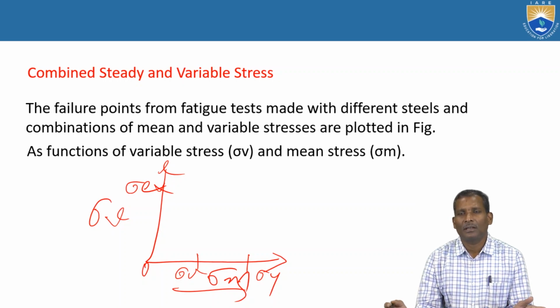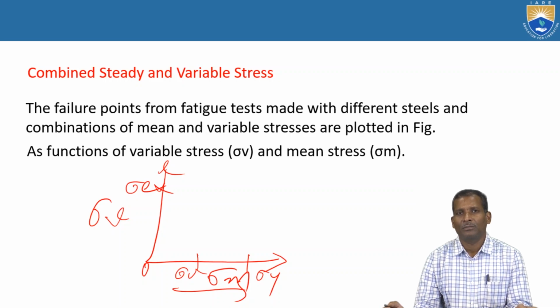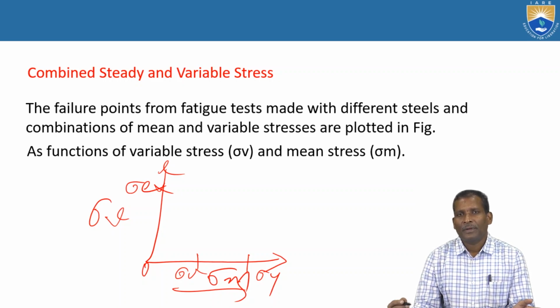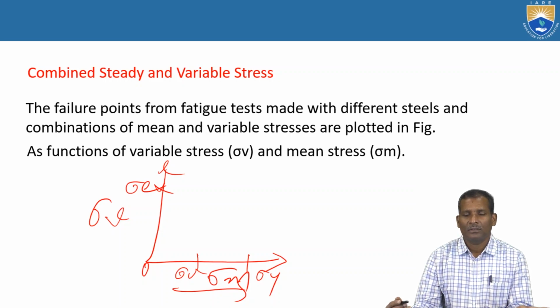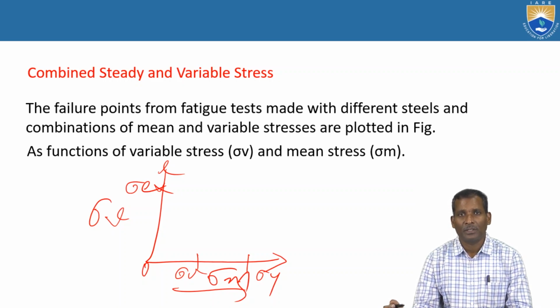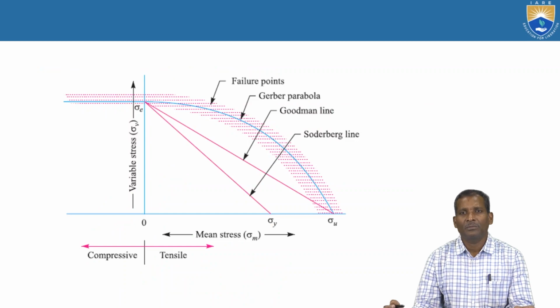By using this diagram, variable versus mean, different methods were developed: the Soderberg line method, the Gerber parabola, and the Goodman line theory. These three methods are there for calculating the variable and mean stresses whenever the component is subjected to combined steady loads.